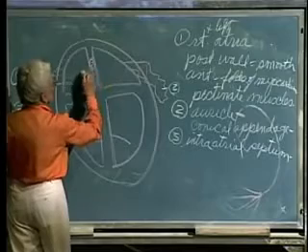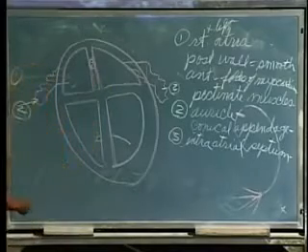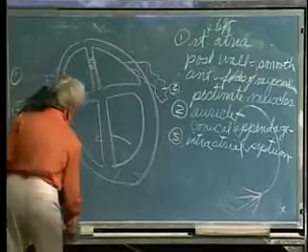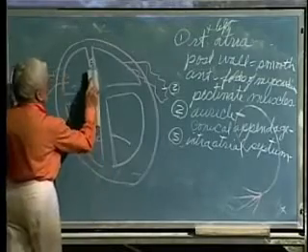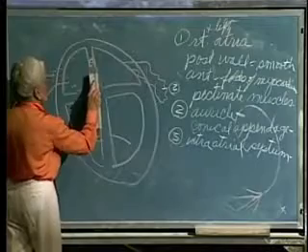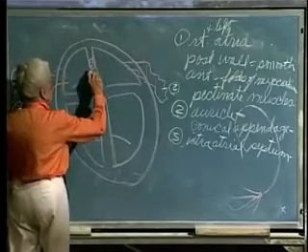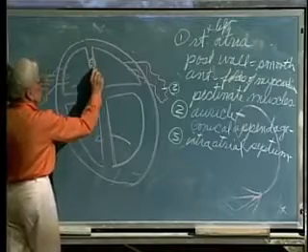Intraatrial, it's between the 2 atria, and it's a septum. Now it has in its wall a fossa. So we know a fossa is a depression. So we're going to have a depression here.